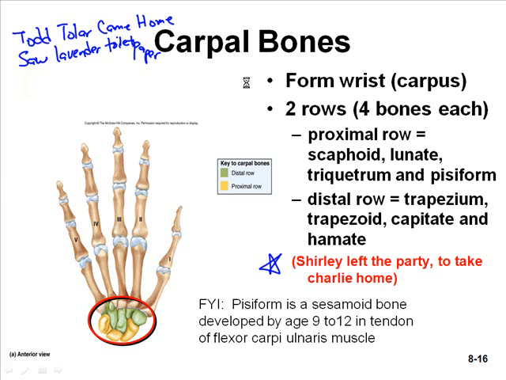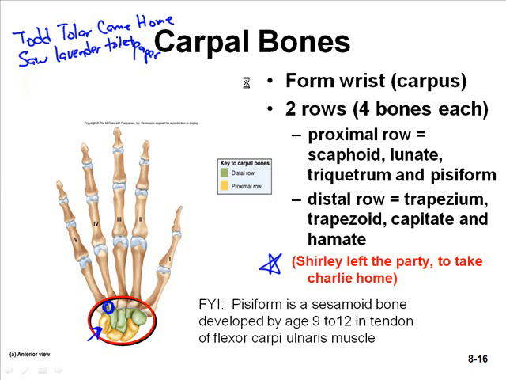2 other things that I'd like to point out, though, is that you have an extension on the pisiform, and you also have an extra piece on the hamate. So notice it says that the pisiform is a sesamoid bone that starts to develop by the time you're in your early adolescence within the tendon that's in the lower arm.